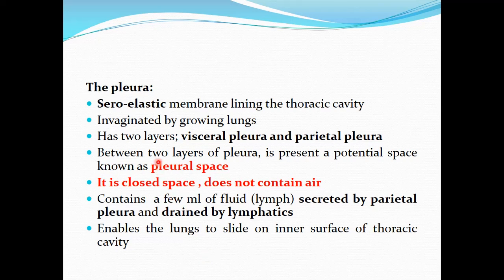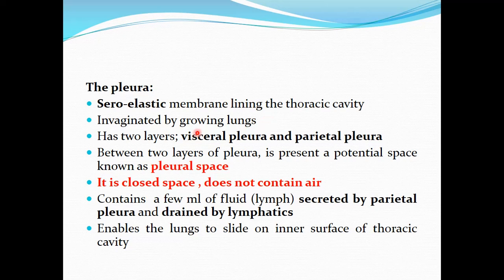Now pleura is a membrane, seroelastic in nature. It lines the thoracic cavity and it is invaginated by the growing lungs. I am repeating that pleura is a seroelastic membrane which lines the inner surface of the thoracic cavity and it is invaginated by the growing lungs.